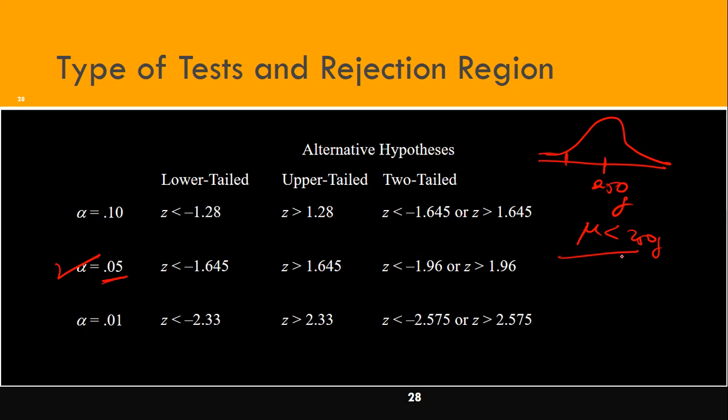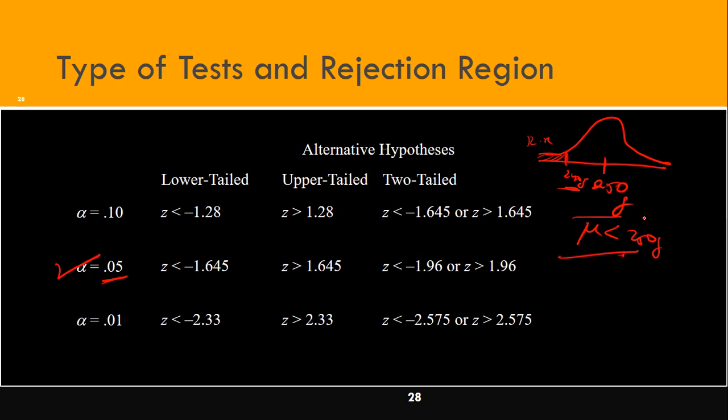Let's say you are suspecting it is less than 250 gram, and you are okay up to 250 gram. For the rejection region, you are going to take 240 gram. Anything less than 240 gram, you are going to reject the null hypothesis.